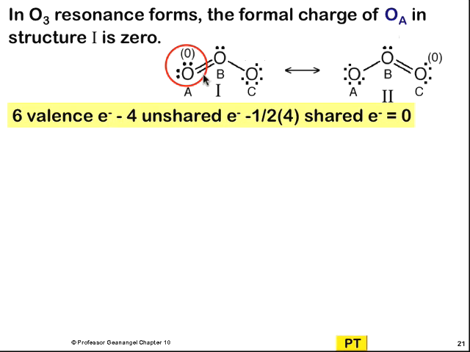And there are 4 bonded electrons here in bonding pairs, and so we're going to subtract 1/2 of that 4 because this is shared between the 2 oxygens here. So it's 6 minus 4 minus 1/2 of 4, which is 2. 6 minus 6 is 0. So we put in parentheses above this oxygen atom a 0.